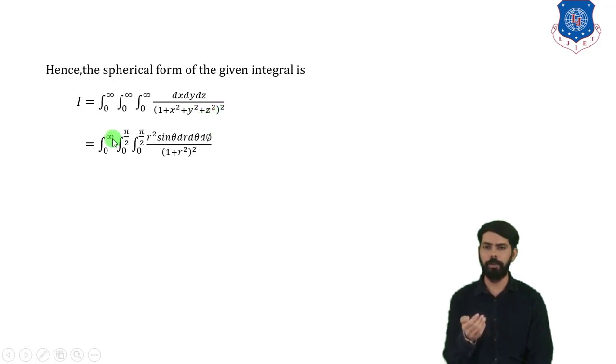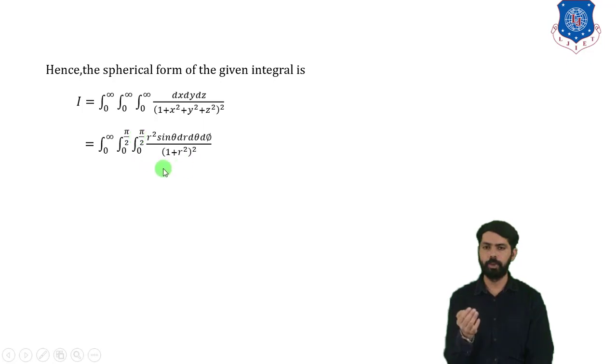So this is equal to the integral from 0 to infinity, from 0 to pi by 2, from 0 to pi by 2 of r square sin theta dr d theta d phi divided by (1 plus r square) whole square, because here x square plus y square plus z square is r square, and the limit of r is from 0 to infinity. In the same way the limit of theta is from 0 to pi by 2 and the limit of phi is from 0 to pi by 2.